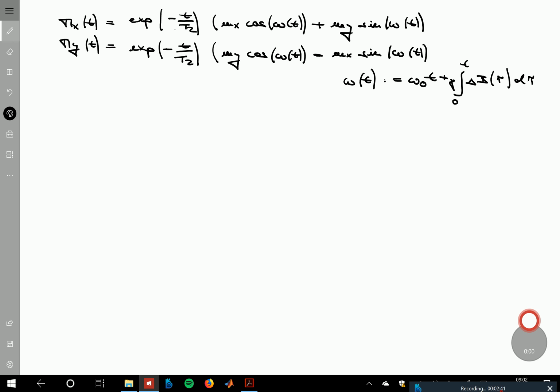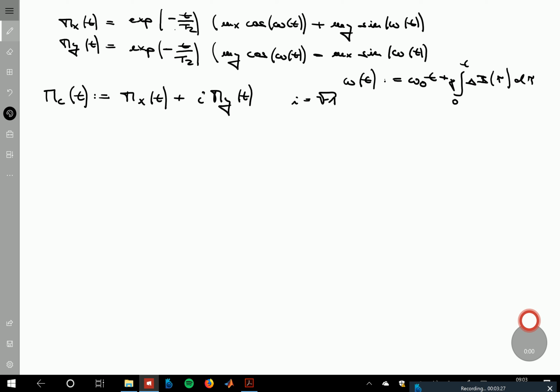And we now have this new definition of our complex signal over time, where I again suppress the dependency on space, which is given as mx(t) plus i my(t). So we can see that as a definition: our complex signal is the x component of our transverse magnetization plus the complex unit multiple of the y component of the transverse magnetization.